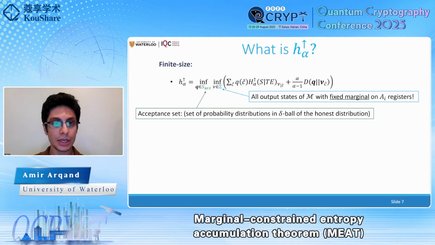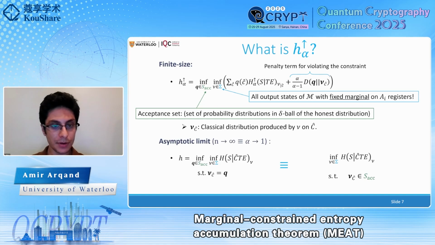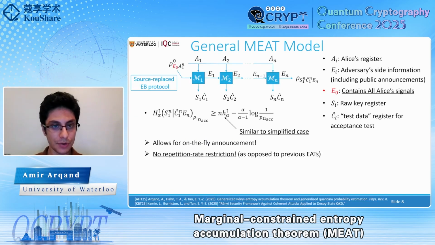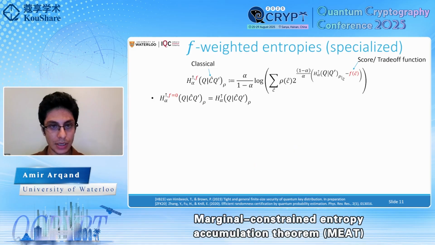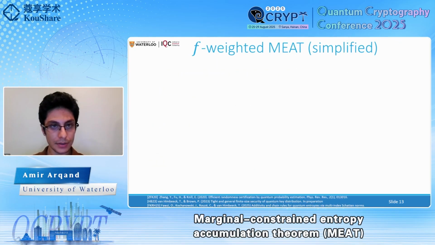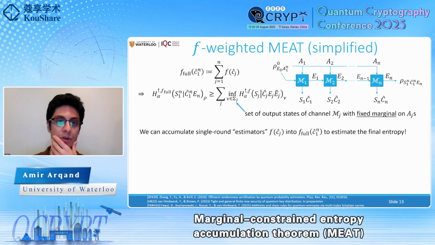But if you want to find the best choice of f, unfortunately I don't have any slides prepared for that, but roughly speaking, we showed that there is some convex optimization involving these f-weighted entropies plus some inner product with f-weighted entropies, with distributions lying within the acceptance set.